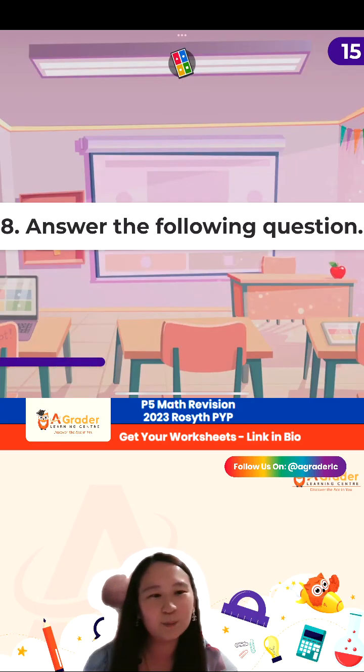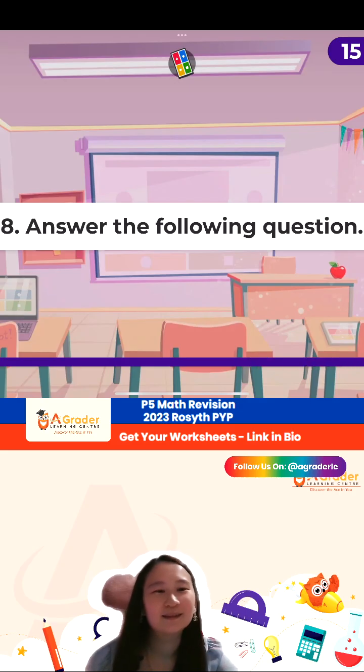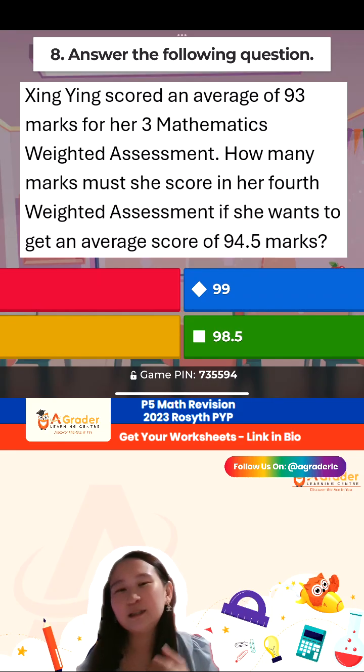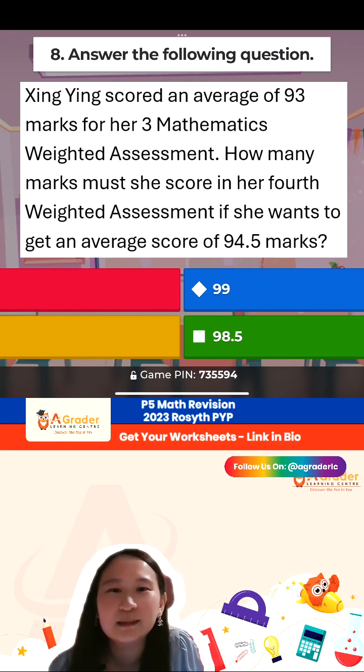Last question, double points. Xing got an average of 93 marks for her 3 mathematics weighted assessment.